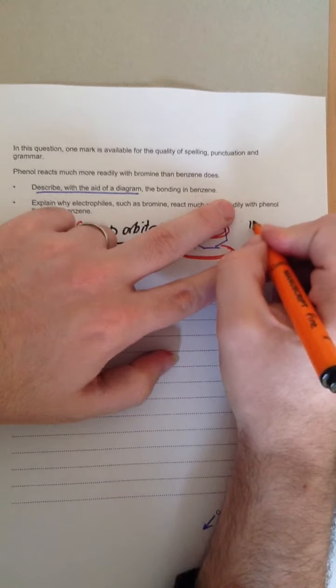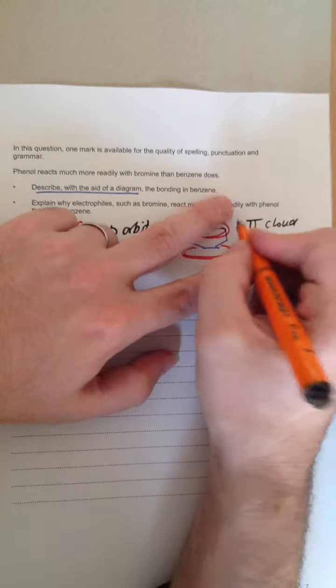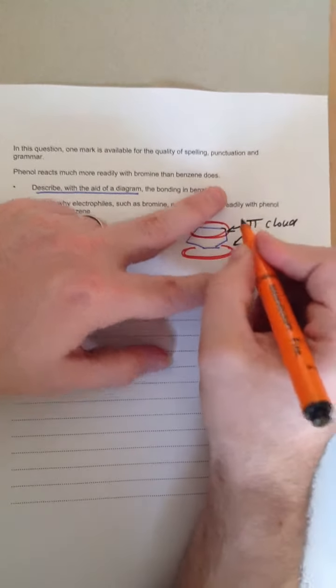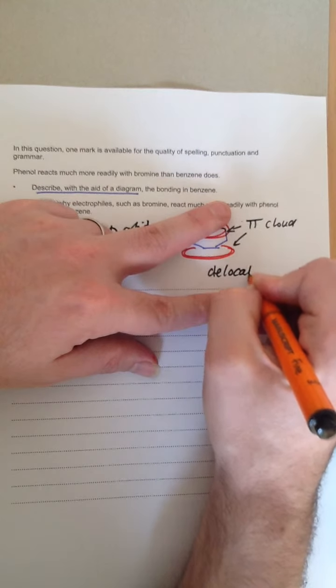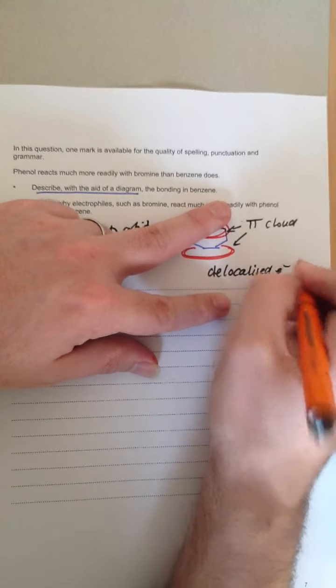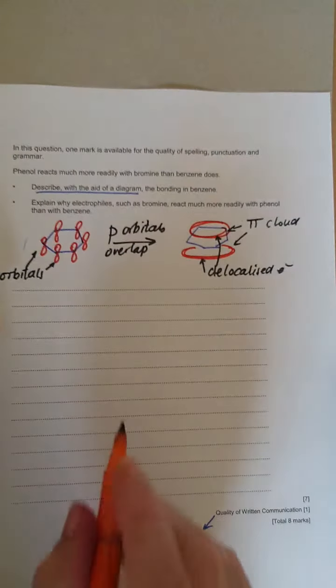So that's a pi cloud or pi orbitals above and below the ring, and then that there are delocalized electrons. What else can we say?